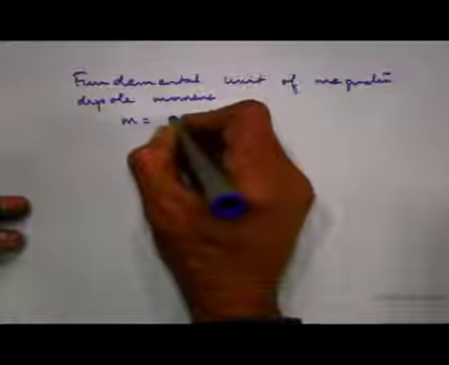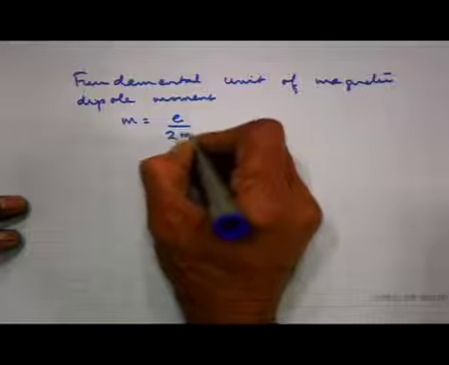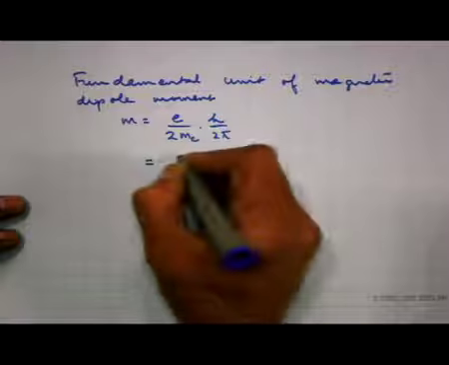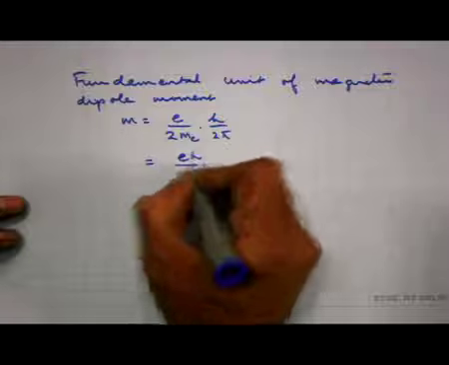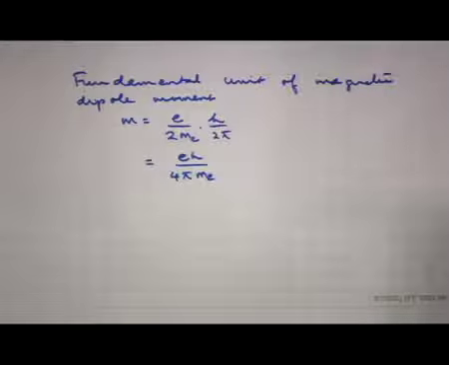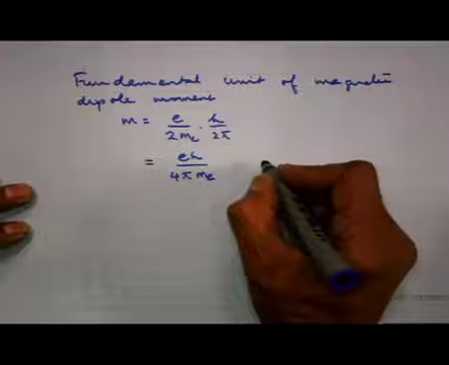So, I will have e by 2 m e into h by 2 pi, which gives me e h by 4 pi m e. The fundamental unit of magnetic dipole moment is e h by 4 pi m e. This is called the Bohr magneton.